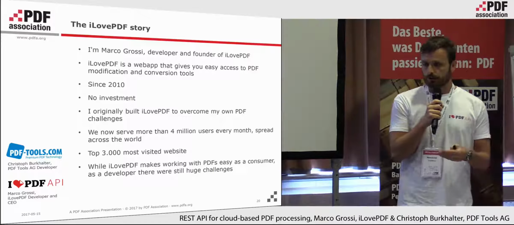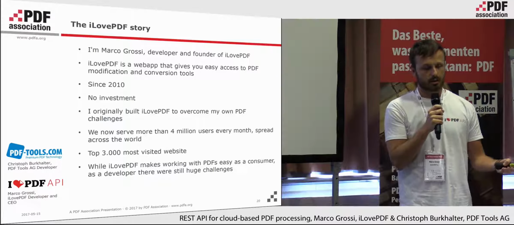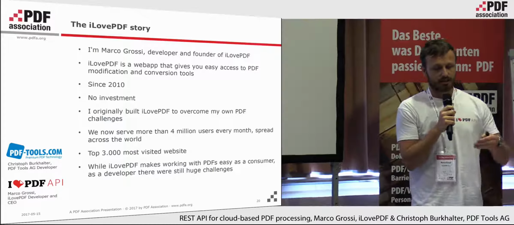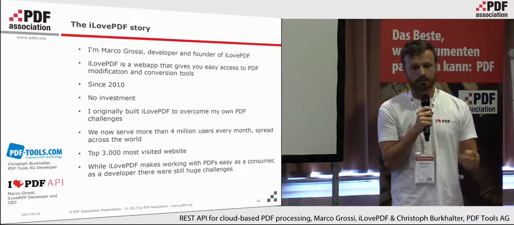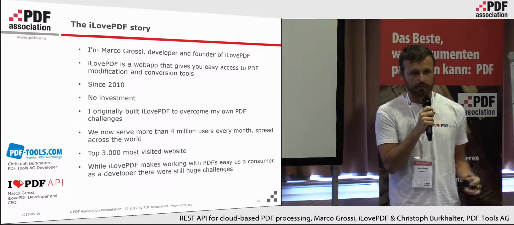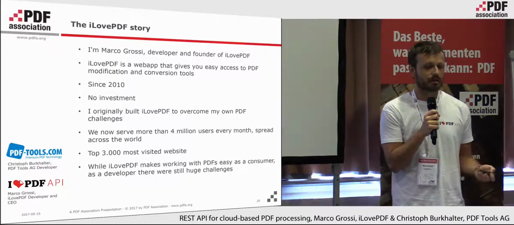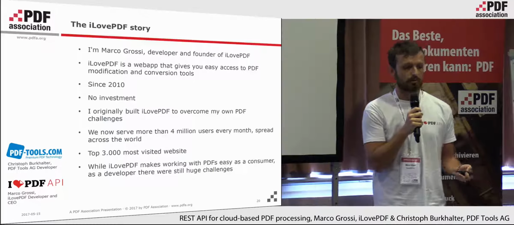Till now, we were focused on delivering the best experience to the final users. So we think we can also deliver a better experience and quick development to all those developers that need a quick solution for PDF processing problems. This is the main reason that we think we can fit here and help these developers.